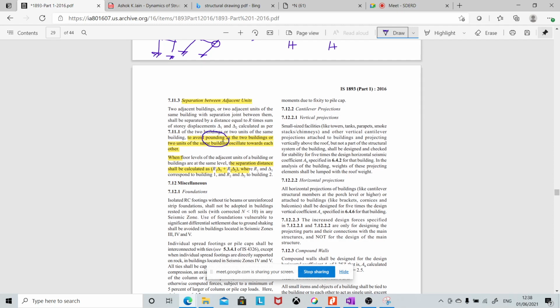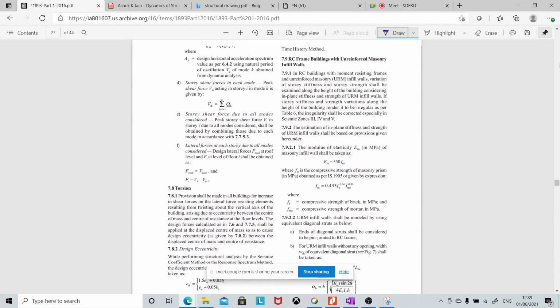Pounding means two buildings hitting each other and causing damage to each other. To avoid pounding, there has to be a minimum separation between the buildings. How to calculate that minimum separation is given by this formula, and you can simply read and understand the terms. So that is regarding displacement and drift requirements.